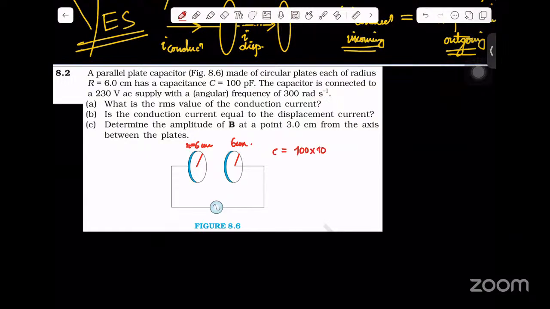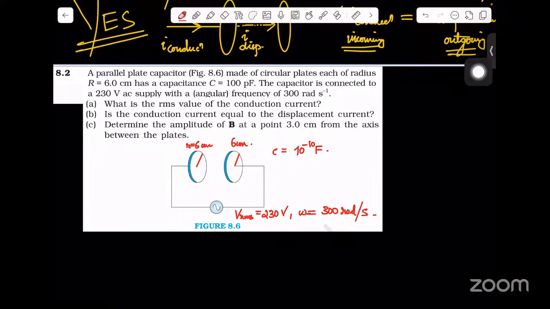So 100 into 10 raised power minus 12, which is 10 raised power minus 10 farads. The capacitor is connected to a 230-volt AC supply. 230 volt means the RMS voltage is 230 volts. AC supply with an angular frequency of 300 radians per second.